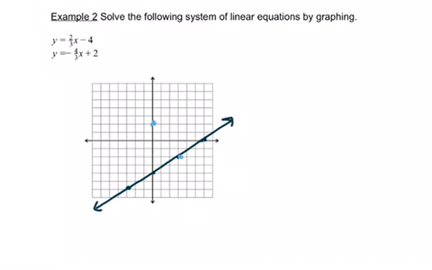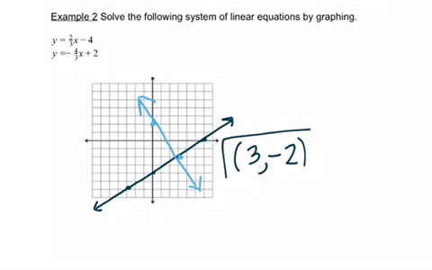And look, there's the point where those two lines intersect. The last thing I want you to do is find the coordinates of that point. The coordinates of that point will be 3, -2. These two lines intersect at the point 3, -2.